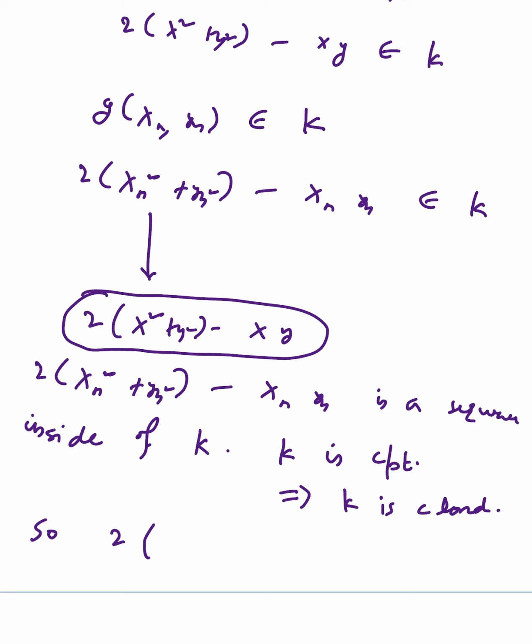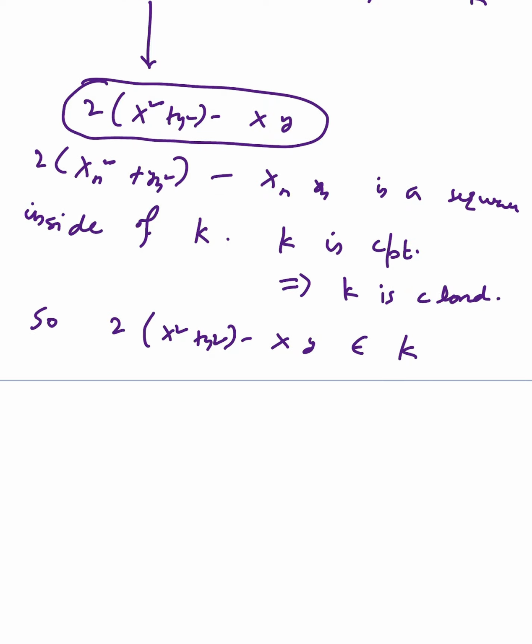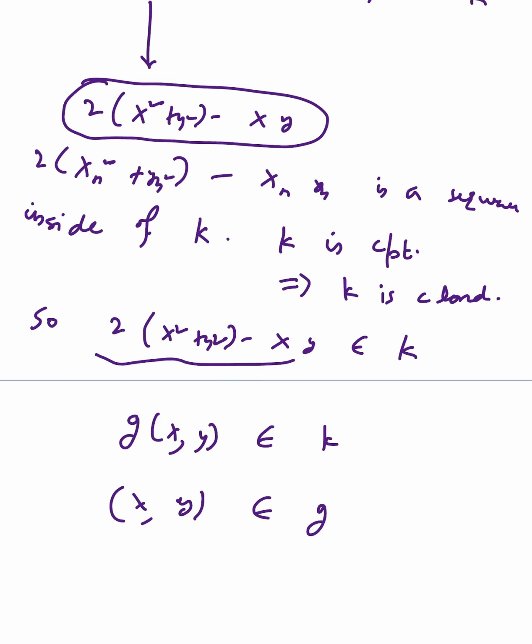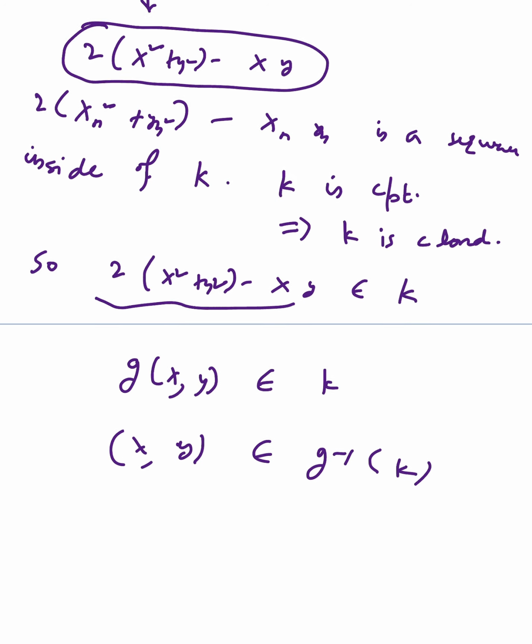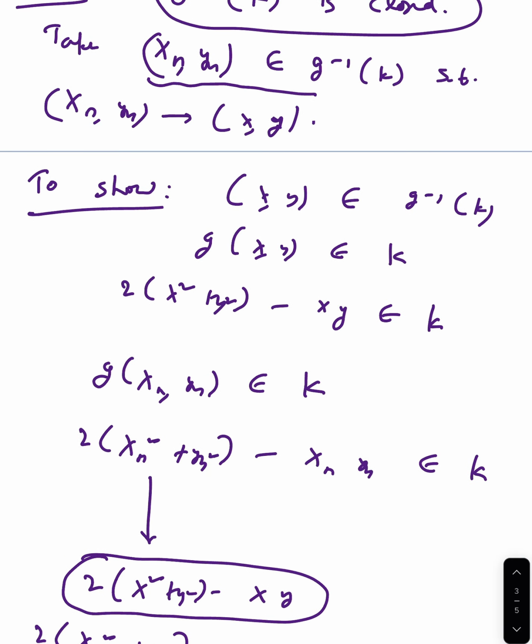So x squared plus y squared minus xy lies inside K. But this is nothing but g of x comma y, which means that xy is in the inverse image of K under g. And that's precisely what we set out to prove. So we have shown that.